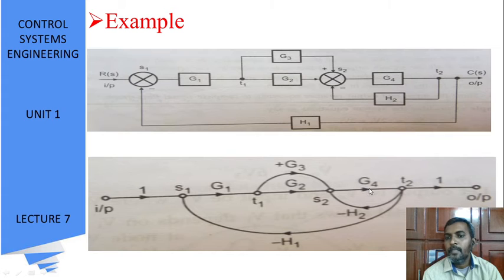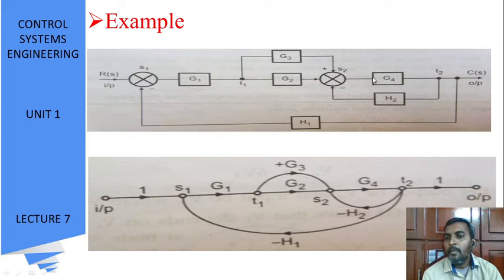The output of S2 is given to G4. As we have a negative feedback, from the T2 terminal we draw back to S2 with a negative sign, that is minus H2. I repeat, in the summing point S2 we have a positive path as well as a negative path.